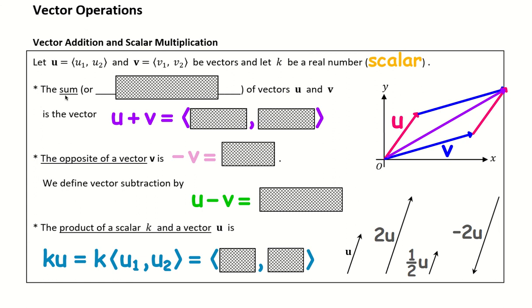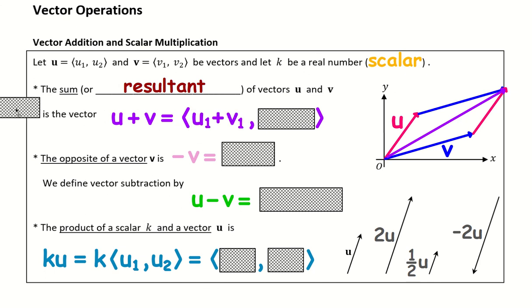The sum, or resultant, of the two vectors is, of course, this vector. It's very clear and expected what happens. If you just add the vectors together, this is all you do. You add the corresponding components together.